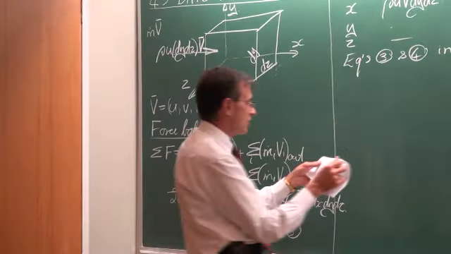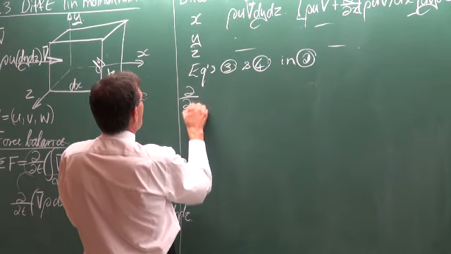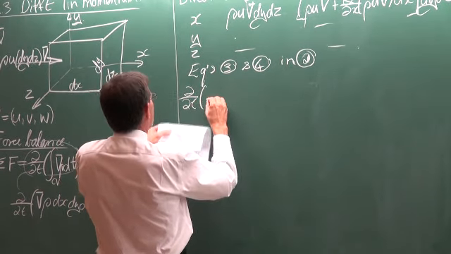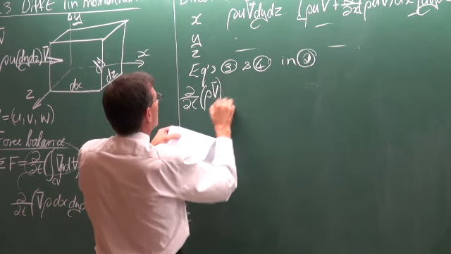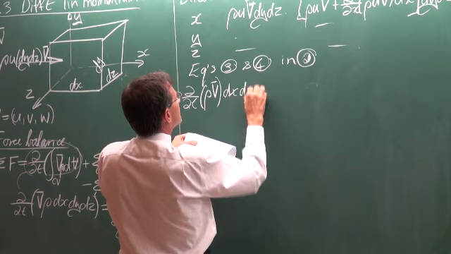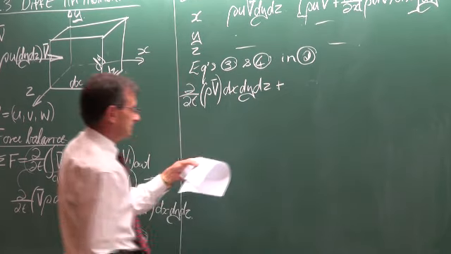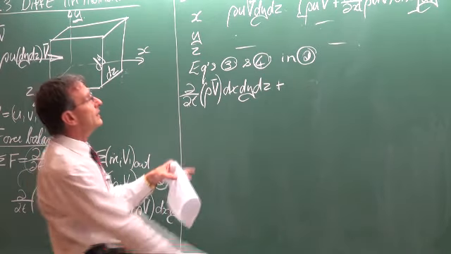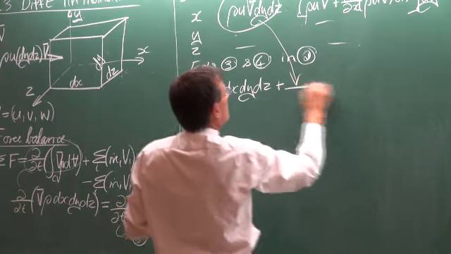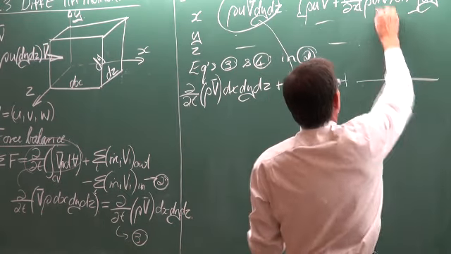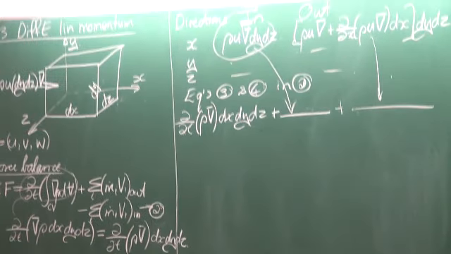Okay, so the result would now be the sum of the forces would be equal to partial dt of rho v multiplied by dx, dy, and dz plus everything coming in, and everything out. It's not very neat, but that is the principle.